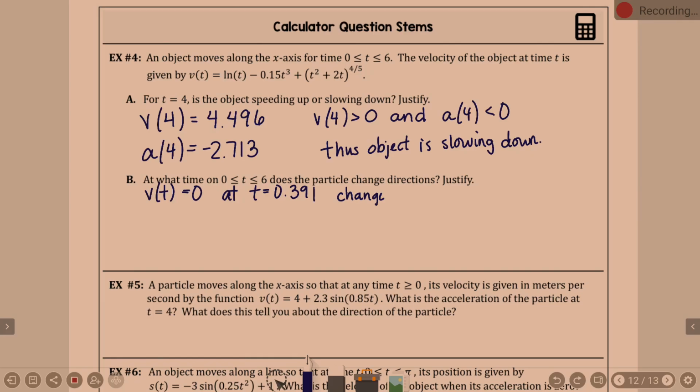If you look at your graph, we know at 0.391, velocity changes from negative to positive. You can't just say because velocity is 0. We talked about this yesterday, velocity equals 0 does not guarantee the particle changes direction. Velocity equals 0 means the particle stops. It could continue in the same direction.